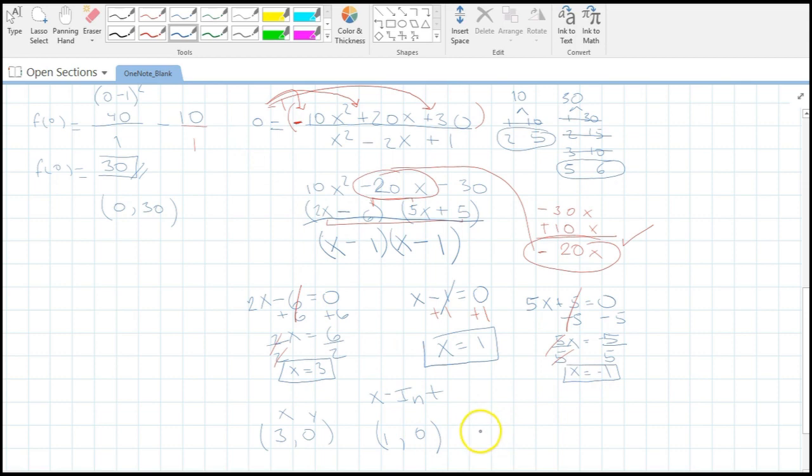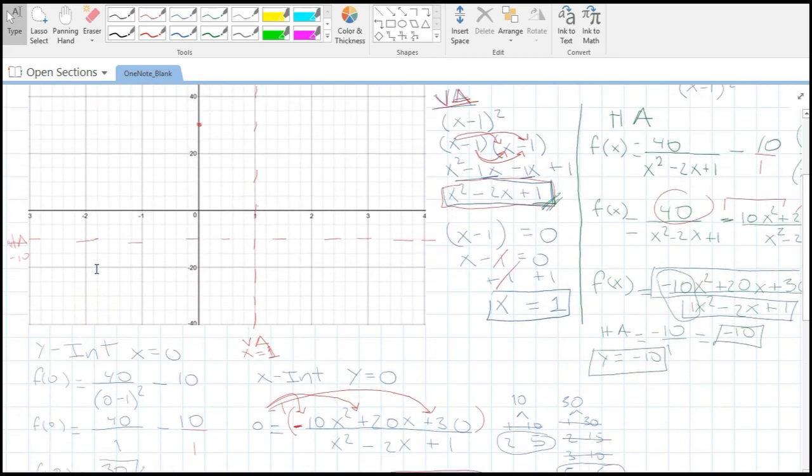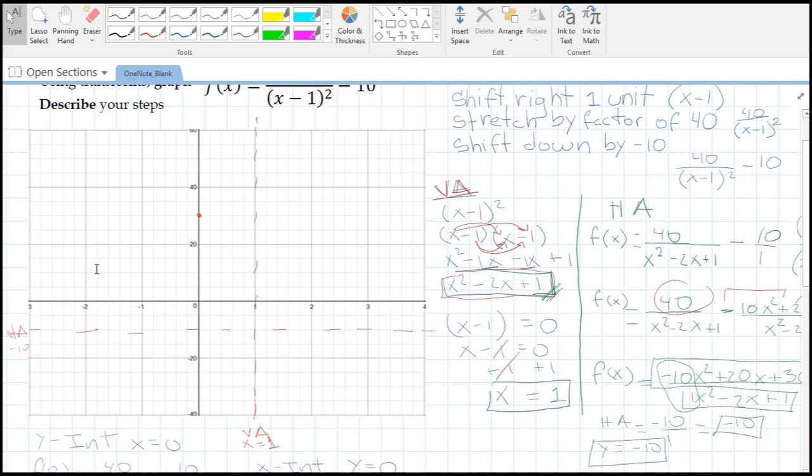Now this one is going to give me negative 1 for x and 0 for y. So here I have all my x-intercepts, and this is my y-intercept, which I plotted in the graph already. Now I'm going to mark all these 3 in the graph. I have 3, 1, and negative 1. I'm going to keep using red.